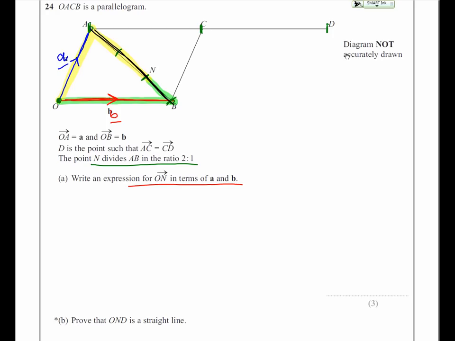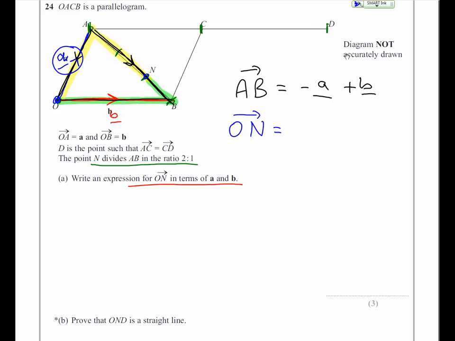To get from A to B, we need to go backwards along A, so that's minus A, and forwards along B, so that's plus B. If we want to go from O to N, we'll go forwards up A, and then we'll add on 2/3 of AB.